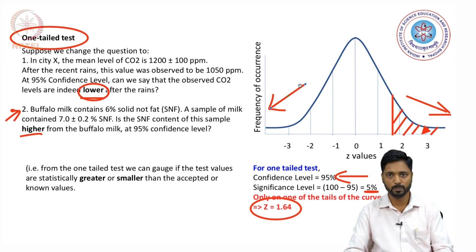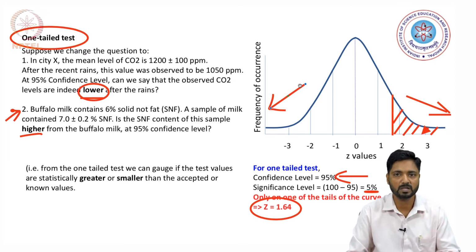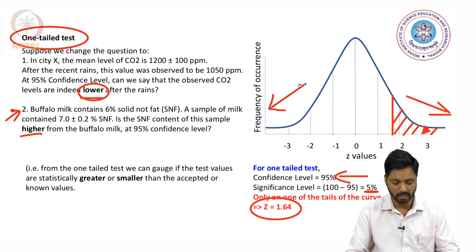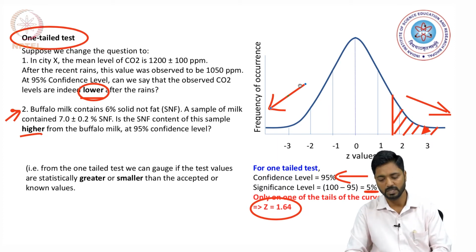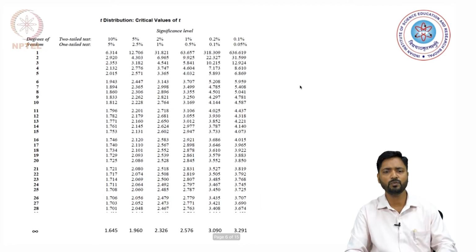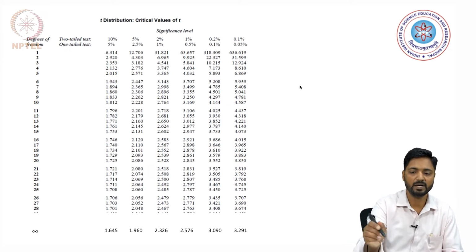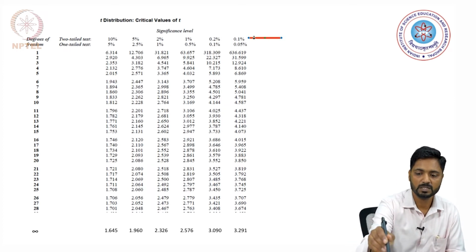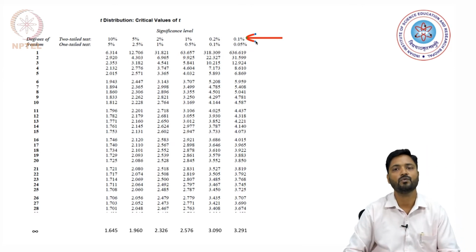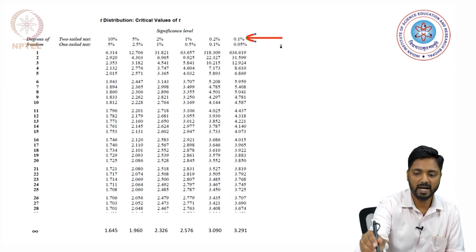So, I hope with these examples it is clear which of the two tests are to be employed, and how is what we will see now. Before that, I want to re-emphasize that our T tables already incorporate this point by giving us the significance levels for a two-tailed test and for a one-tailed test.